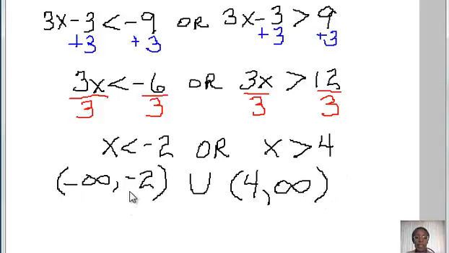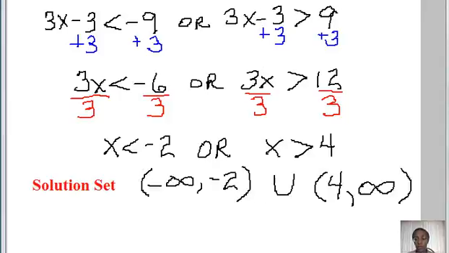So I can pick any number to the left of negative 2 or any number to the right of 4 on the number line, and my inequality will be true. So notice this actually is my solution set. All right, and the thing to note here is it would be absolutely incorrect to say that x is negative 2 or that x is 4.